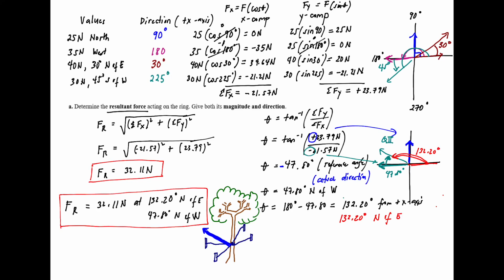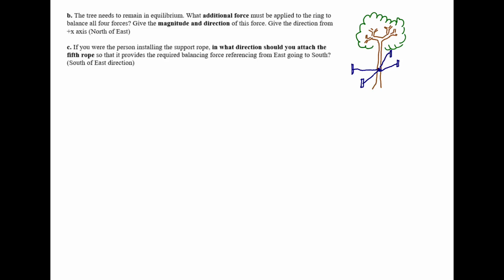And so how about for the second question? Look at the second question. The tree needs to remain in equilibrium. What additional force must be applied to the ring to balance all four forces? Give the magnitude and direction of this force. Since the tree will go on this part, can you imagine that the resultant force must be balanced and it must be pulled on this side.